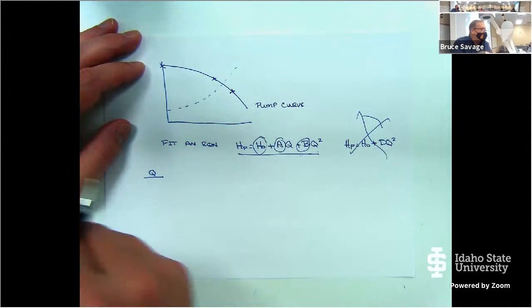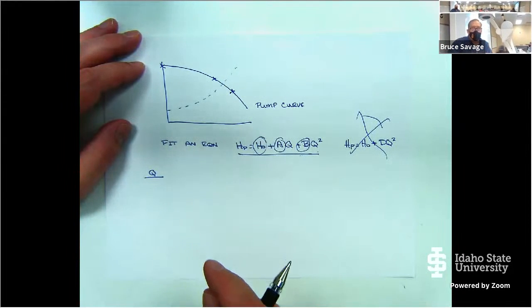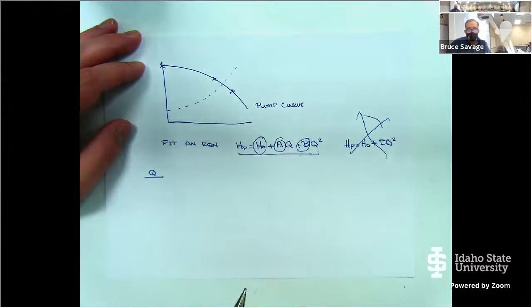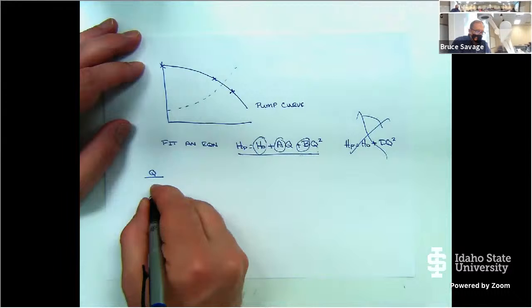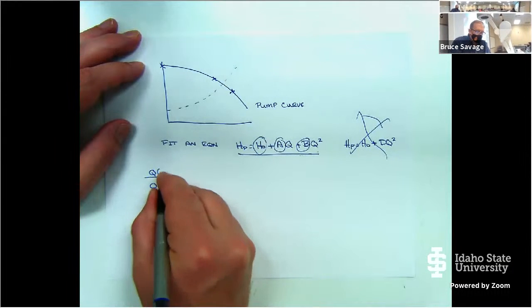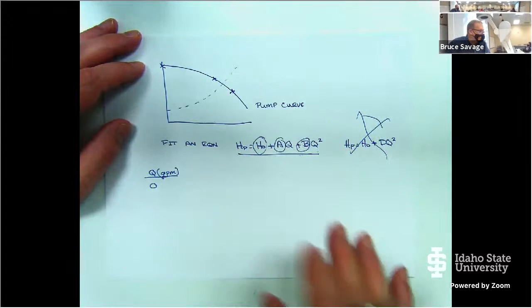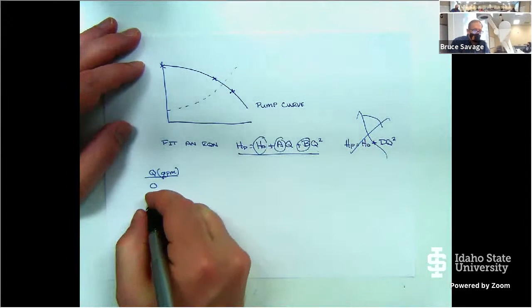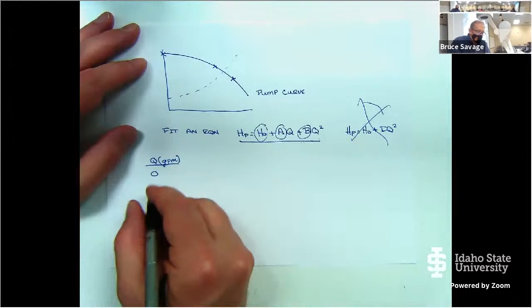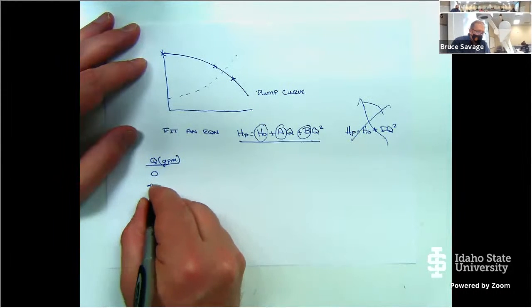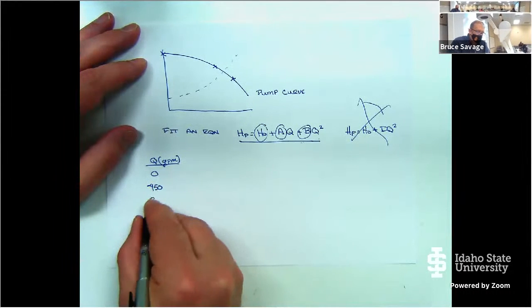Because we're going to put this in an equation with a pipe network that is calculating in terms of cubic feet per second, I'm going to convert my pump curve to cubic feet per second. So I'm going to pick some flow rates here in gallons per minute. You could do the conversion inside the curve too, but it just gets a little messier. I'm going to pick some nice round numbers.